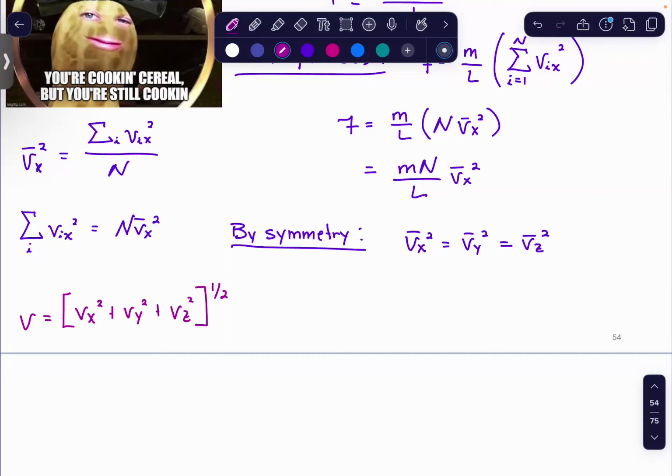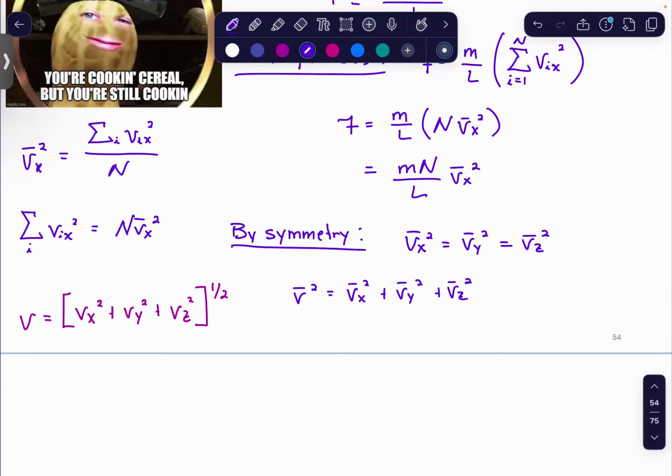The magnitude of velocity is the square root of each component squared added together. So you can imagine then that my average velocity squared is going to be Vx squared plus Vy squared plus Vz squared.